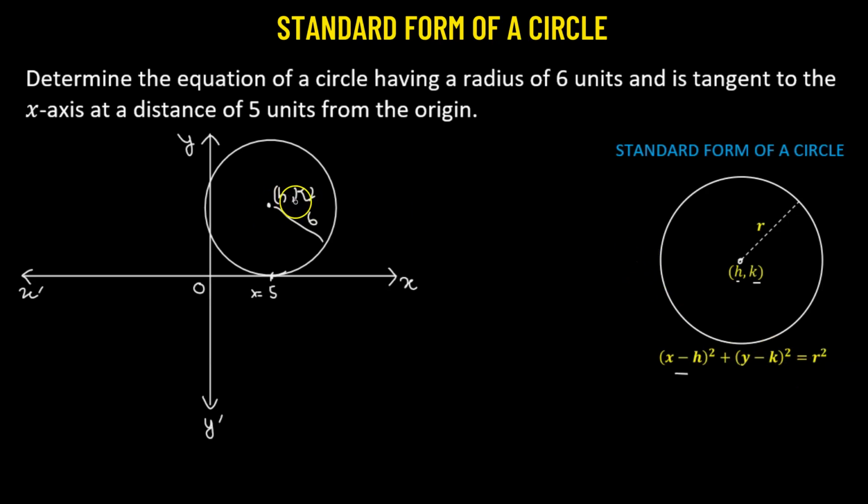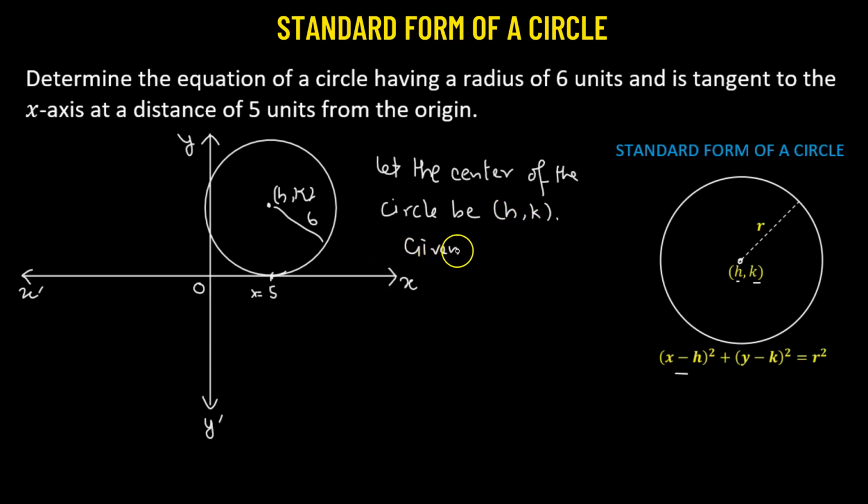Now let's try to find out the center. So we have denoted here, let the center of our circle be denoted by the coordinate (h, k). Here we are given the radius of the circle. It's given that the radius of the circle is going to be 6 units. Now what we'll do, we'll drop a perpendicular from the center, let's call the center C, onto the x-axis.